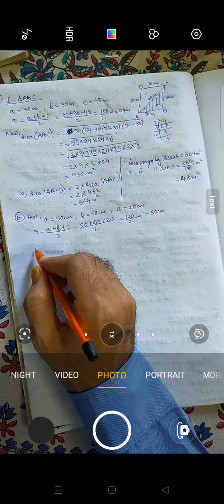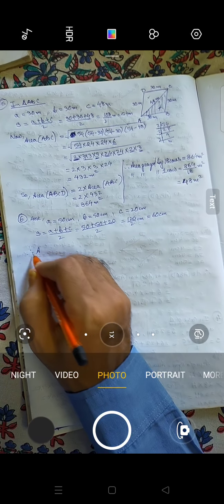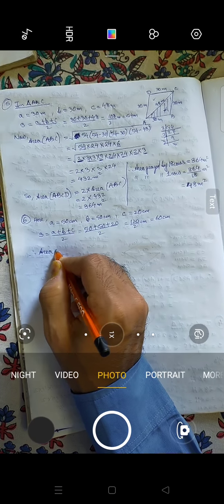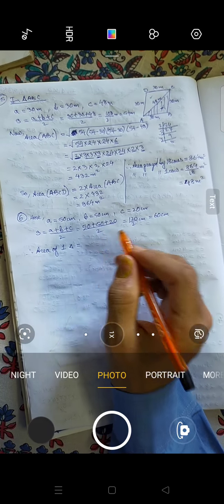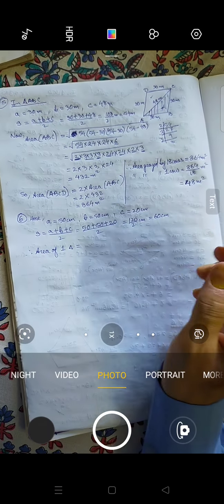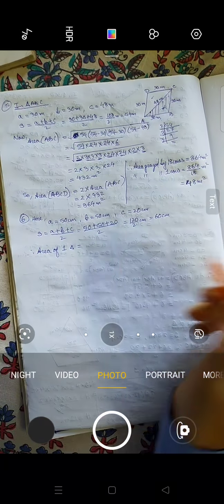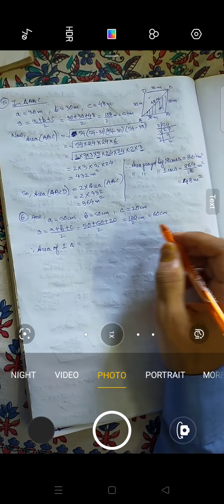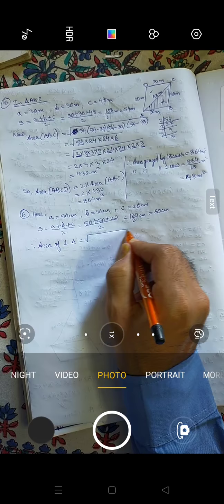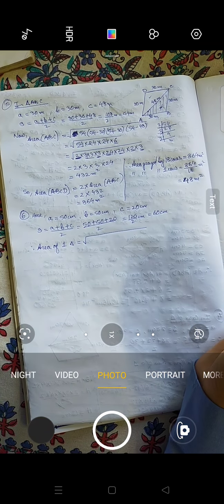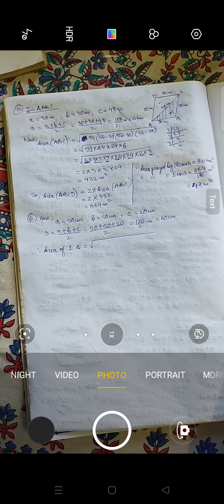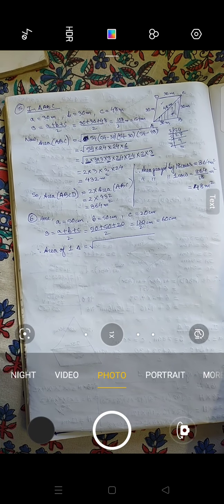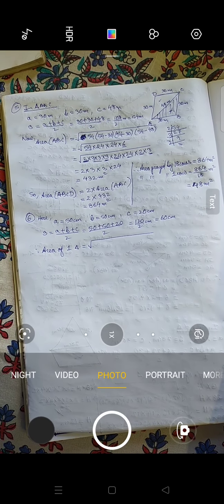Then we can say, therefore, area of one triangle, triangular region, whatever. So for the area of one triangle, we know 3 sides, so we will be using Heron's formula. In every question you will write Heron's formula, okay, whenever Heron's formula is being used.